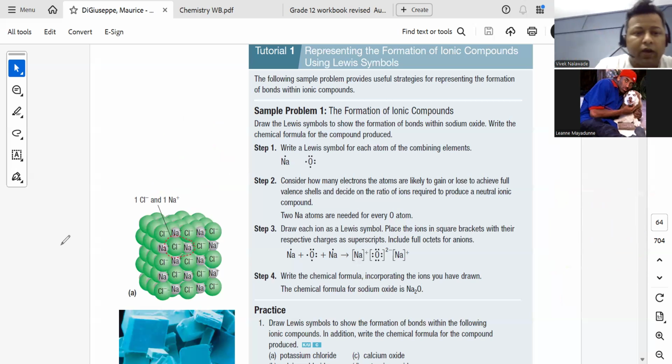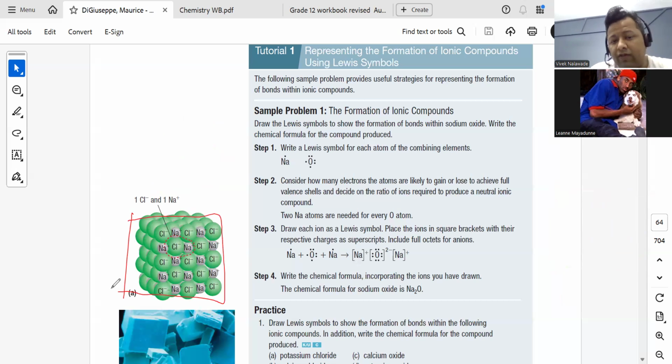Now, the next part is the crystal lattice. Let us understand that. So this structure over here is a crystal lattice. Basically, let us say you have chlorine, the anions.